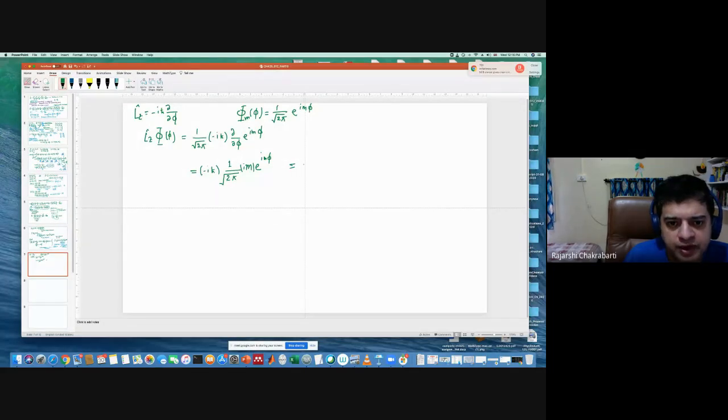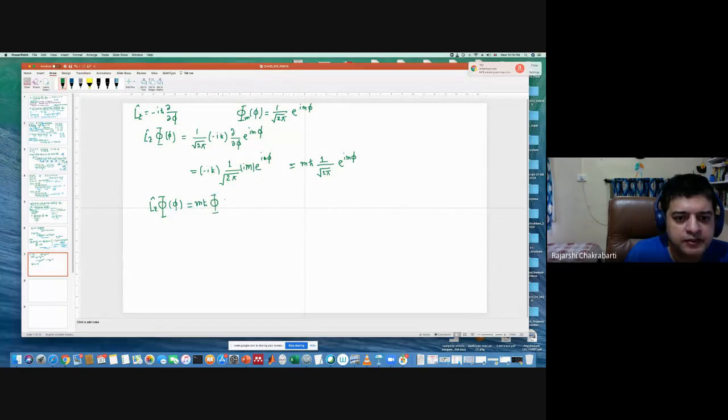If I combine this i and minus iħ, i squared is minus 1 with the minus, so it will be mħ times Phi_m. So this is Lz operating on this.